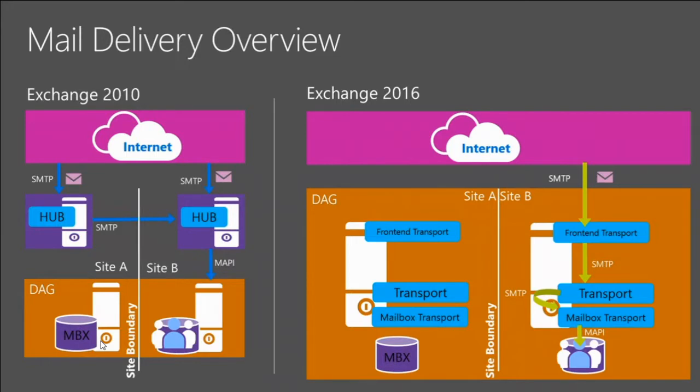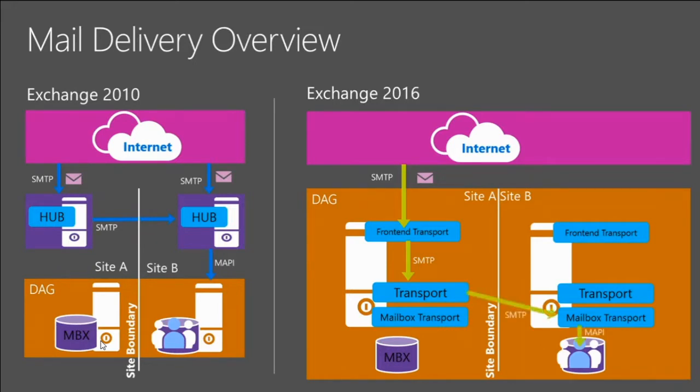Now here everything is local, so that's good, but what if the mail came in, for instance, on the other front-end transport box? So it comes into front-end transport, and we'll be reiterating this a lot. So if you can't catch this first one, at the end of the session, I'm sure you'll get that. Anyway, mail comes in via SMTP to the other box in this case. Front-end transport talks to transport on the local machine. Now this service realizes that the mailbox actually exists on a different machine.